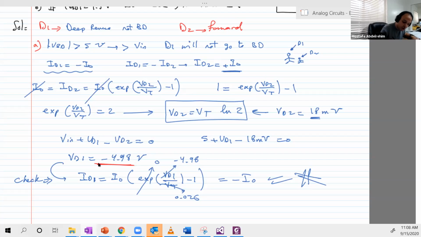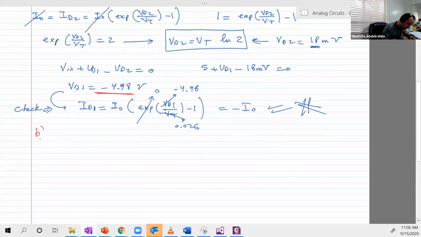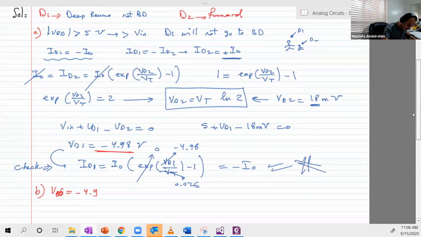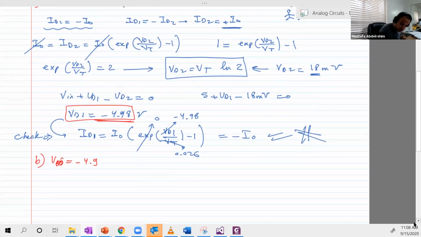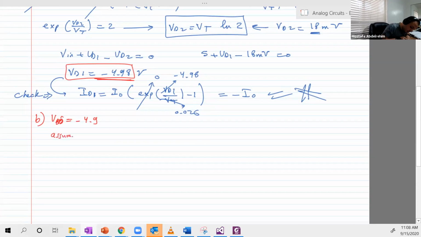Okay, so in B, V breakdown is now equal to minus 4.9, we see from A that VD1 is actually larger in magnitude than 4.9, so it's reasonable to assume that D1 is in reverse and breakdown.